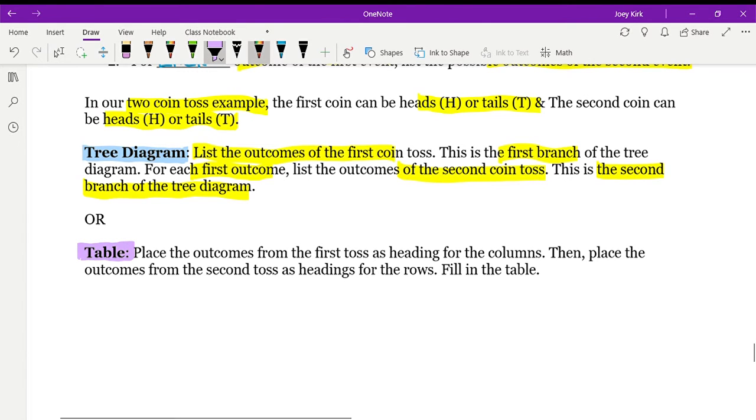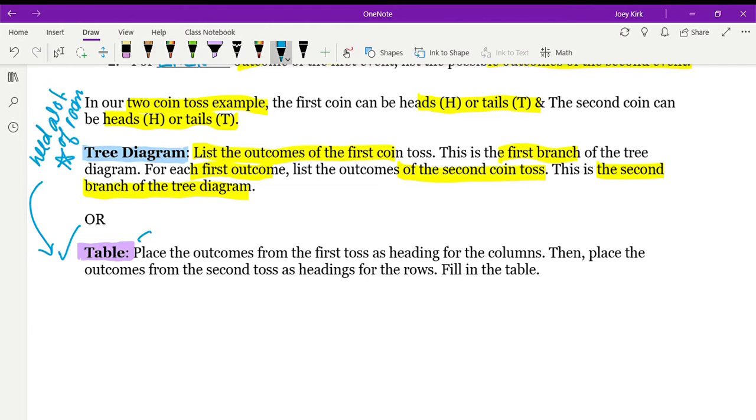I find sometimes with a tree diagram, you need a lot of room, and it can't always fit, or it's hard to visualize properly, in which case a table makes a bit more sense. Now for a table, this is kind of like a Punnett square, and I don't know if you've done Science 10, you know what I'm talking about, and you're probably groaning and thinking, oh no, I never thought I'd have to do a Punnett square again.